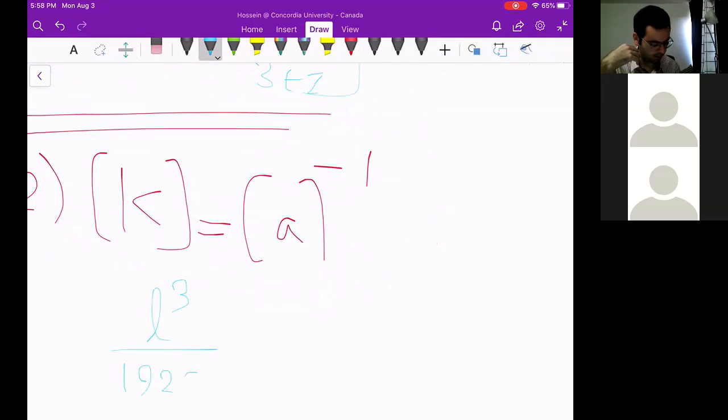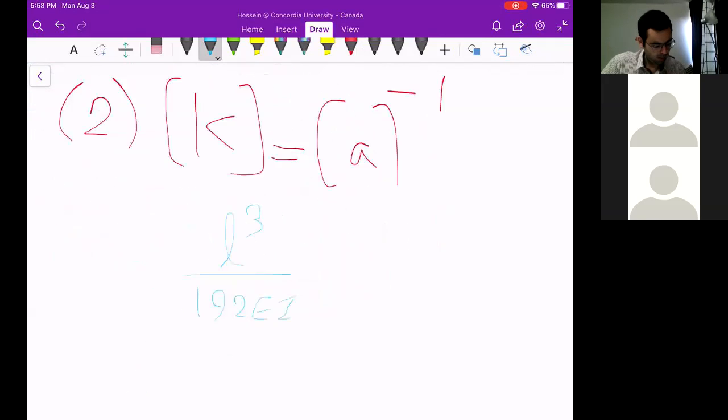You could factor out this term, so the stiffness is going to be this constant number times the matrix, because it is a number you can factor out from all the entries. So A inverse is 1 over determinant of A multiplied by the adjunct matrix, the transpose of the adjunct matrix.